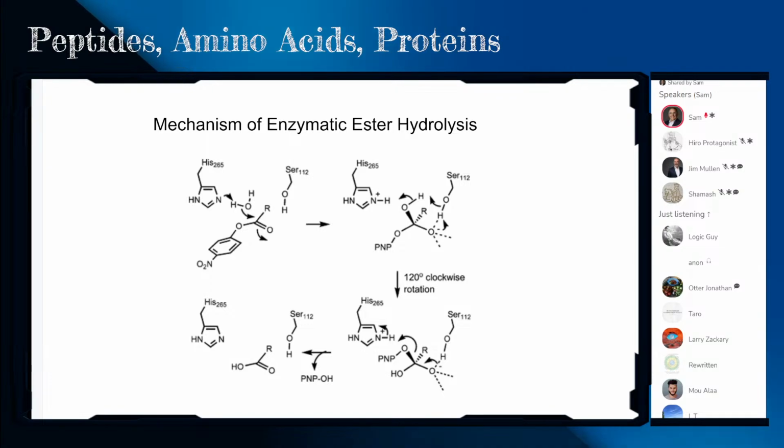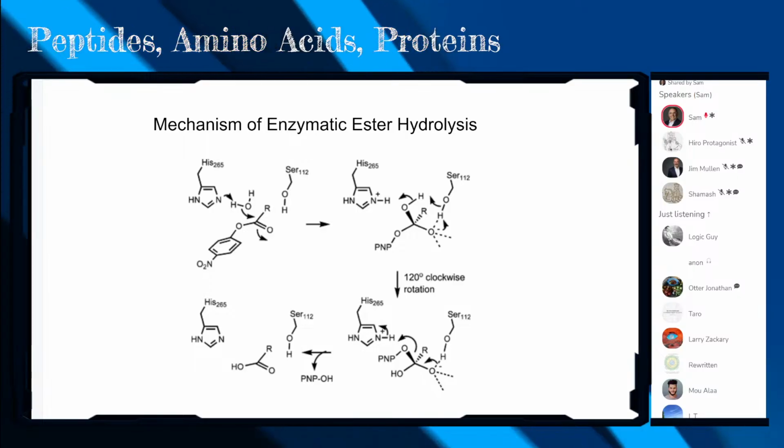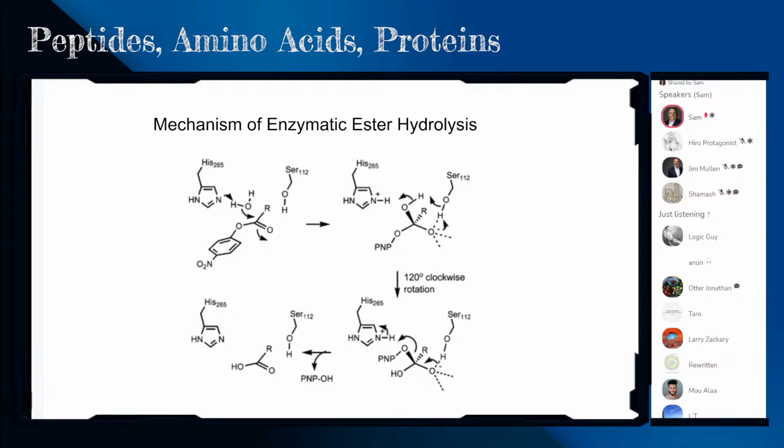So one last question remains for me to answer, and that's, well, why do enzymes work so fast, right? The thing is that almost all reactions in our body are mediated by enzymes. Why is that?